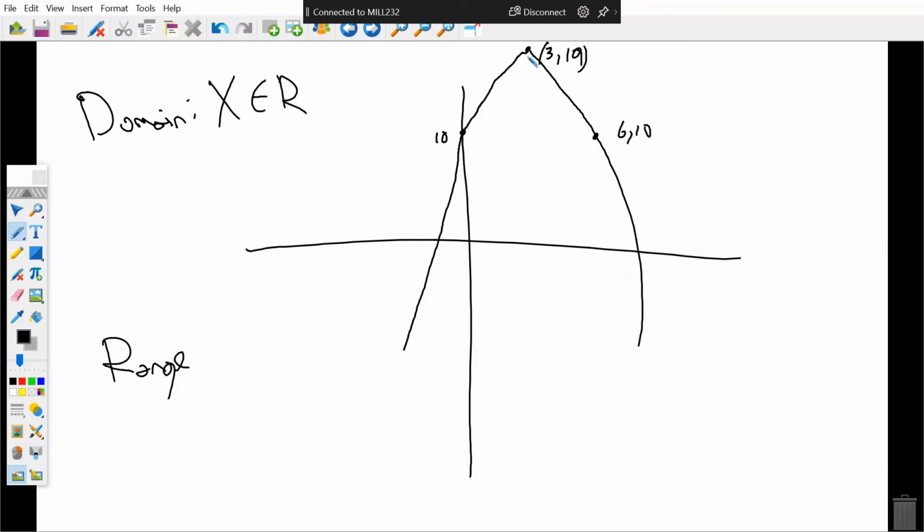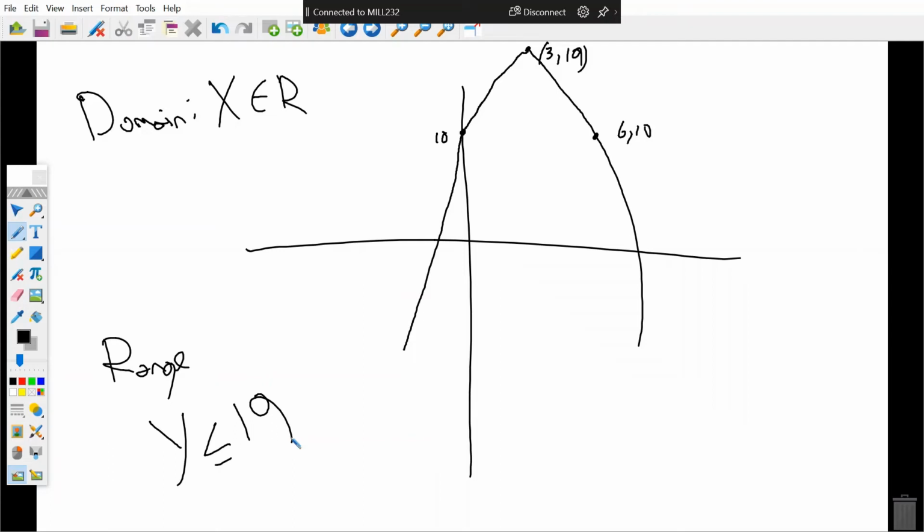The range, the highest y value is 19. The lowest y value is negative infinity. So we go y less than or equal to 19. Okay? There won't be a lot of partial factoring questions on your test, if any. Most of them allow you to fully factor.